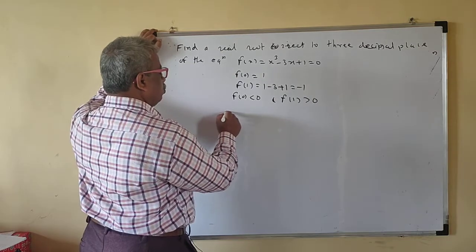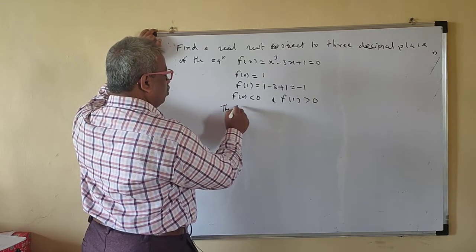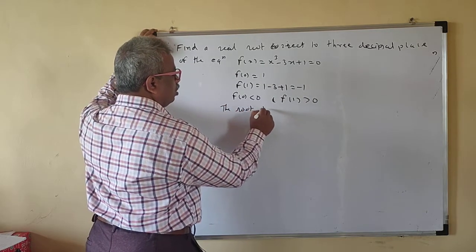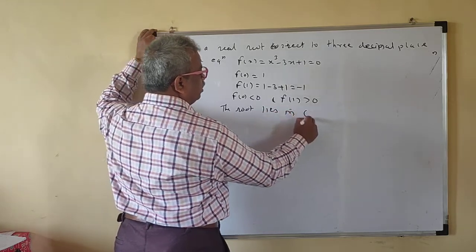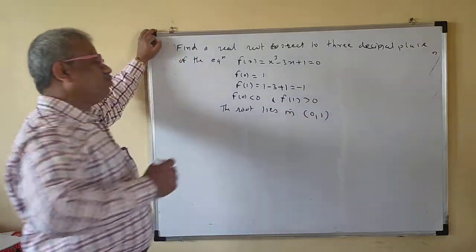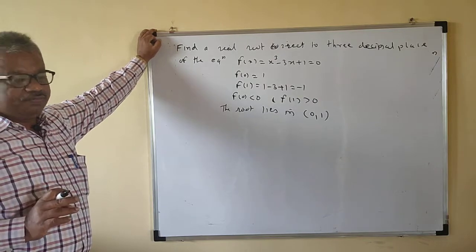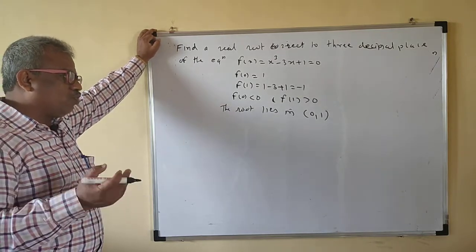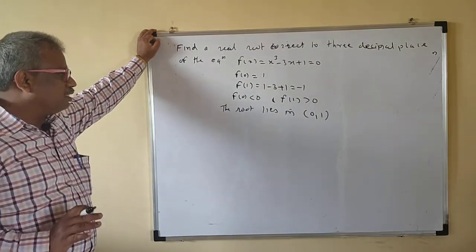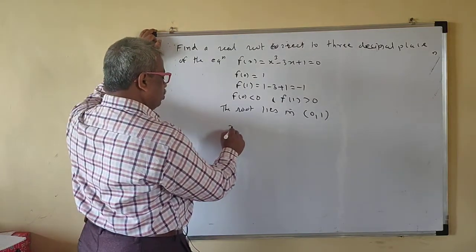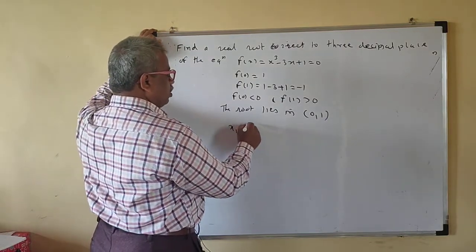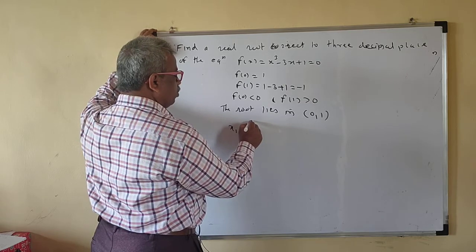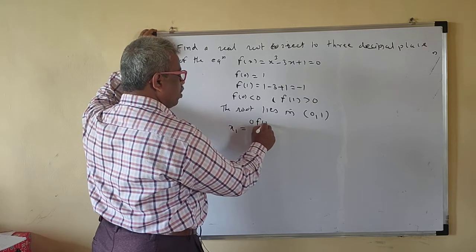Therefore root lies in 0, 1, where I have taken this interval now here. Or you can say root lies between 0 and 1. The next approximation is x1. So this is a into f of 1, 0 into f of 1.